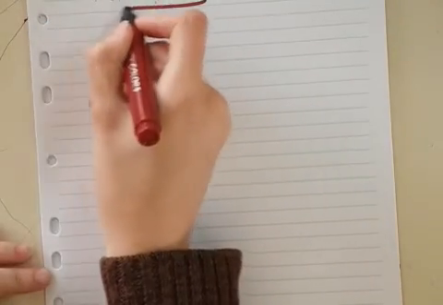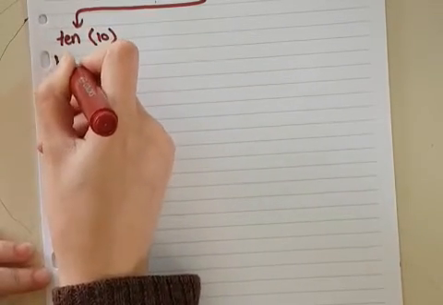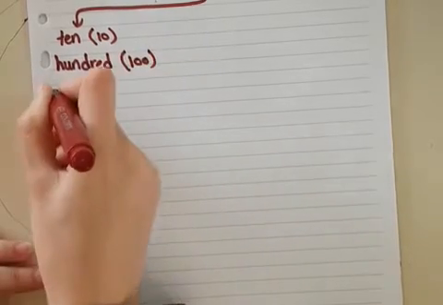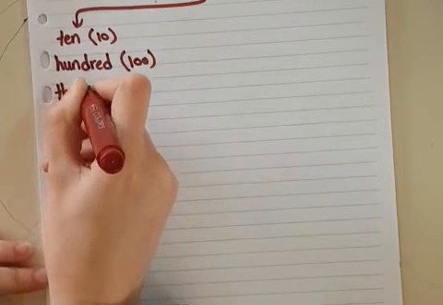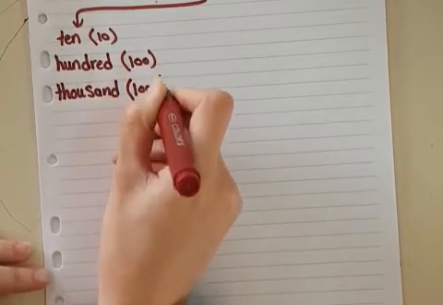In approximation, we have approximation to the nearest 10, which is 10, 100, which is 100, 1,000, which is 1,000, and so on.